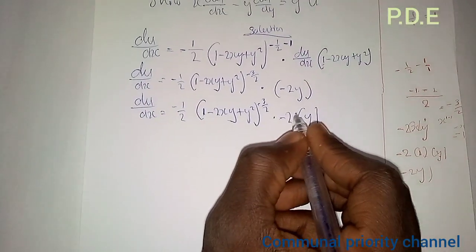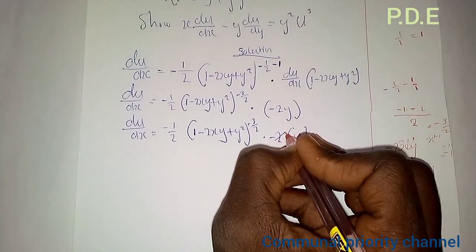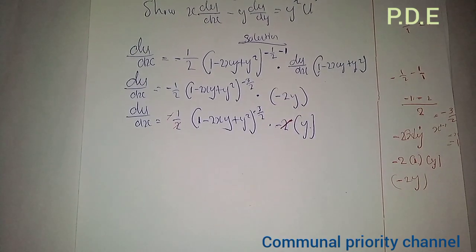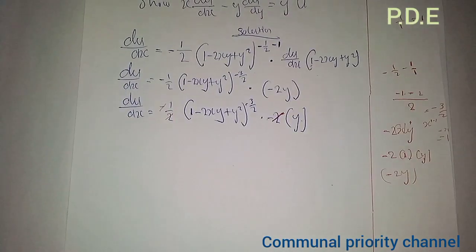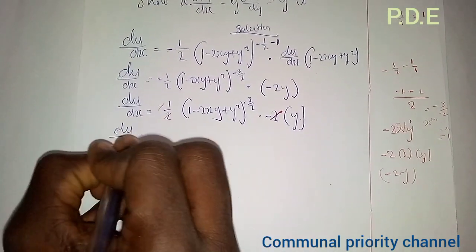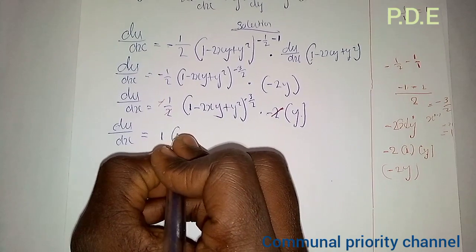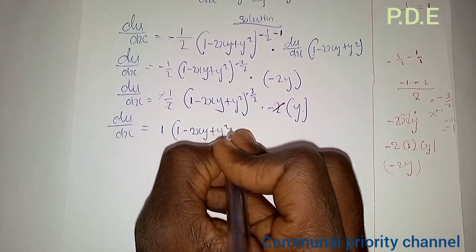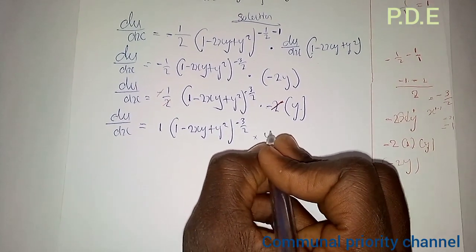Let me use the red pen. This minus 2 will cancel this 2 and this minus 2. The minus cancels the minus, and the 2 cancels the 2. Now we are left with du over dx equal to 1 times (1 minus 2xy plus y squared) to the power of minus 3 over 2 multiplied by y.